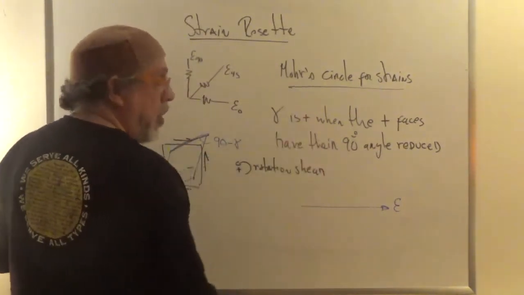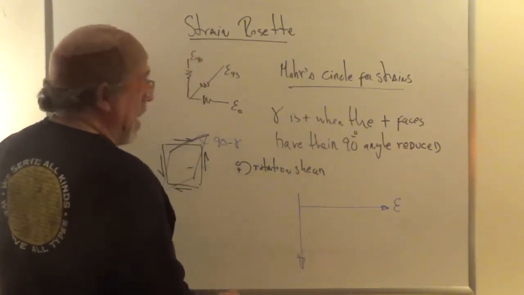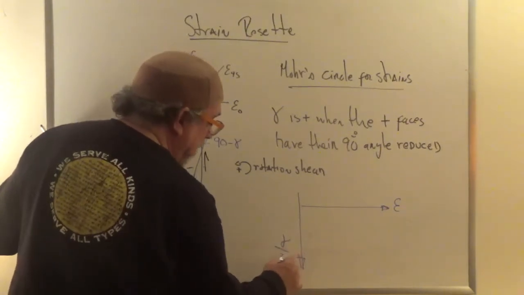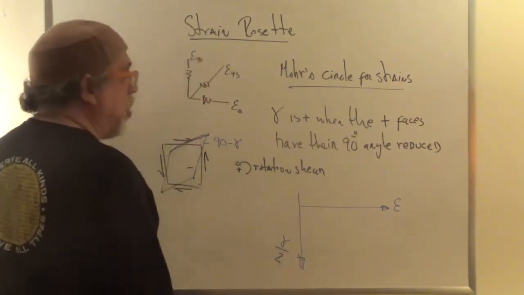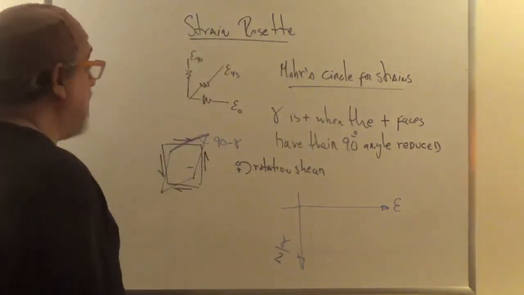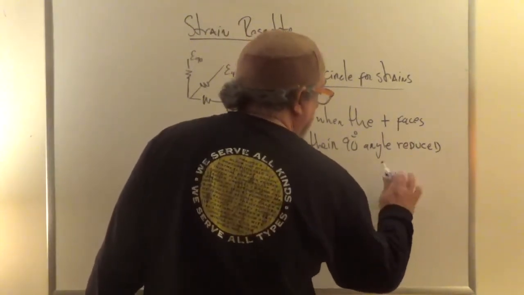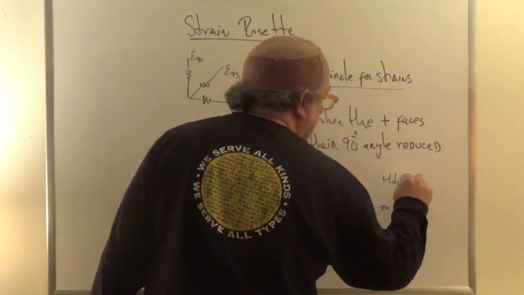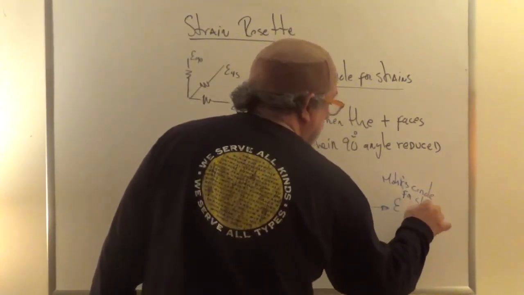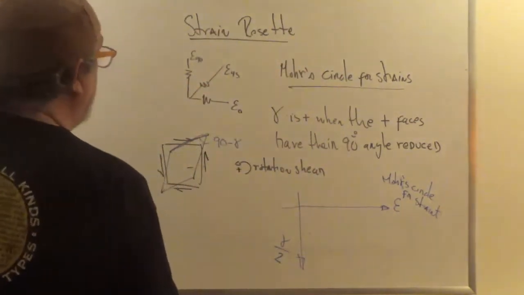In the vertical axis, you plot what? The shear stress. Here, the axis is done downward to account for this difference in sign. And for technical reasons about the definition of strain, it turns out that we have to plot not gamma, but gamma over 2. Once you do that, then this gives you a Mohr circle for strain. So you can find the strain in any direction you want if you plot it in that form.